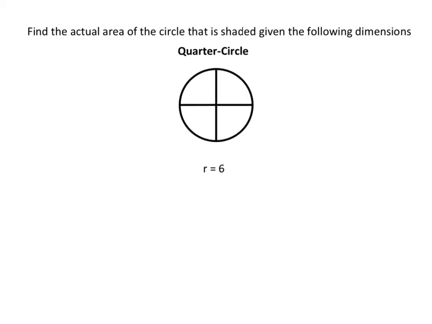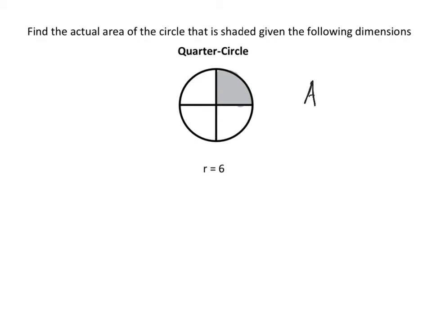Now here's our last example. It says find the actual area of the circle that is shaded given the following dimensions. So we're given that it's a quarter circle. So let's shade in a quarter circle. That is 1/4. Shade in just 1/4 of the circle. Now, we need to rethink about what our area formula is for a circle.